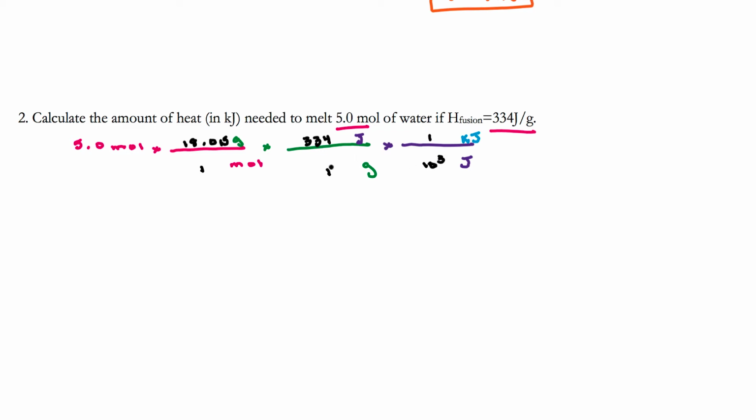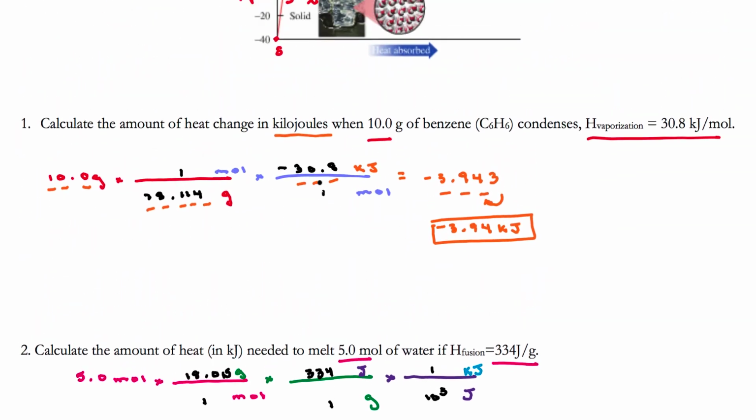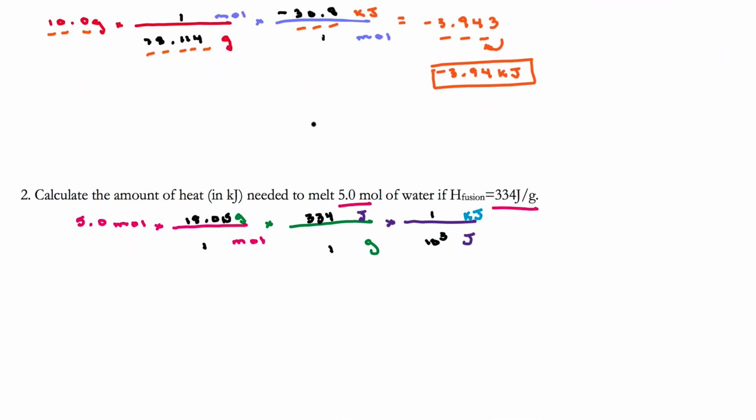I'm going to go back really quickly and make sure that my heat of fusion here, 334, should in fact be a positive value. Okay. Well, since I am melting, I'm going from left to right. So I'm adding heat to the system. So yes, it should be a positive value.